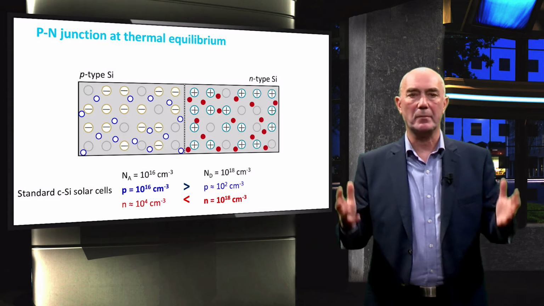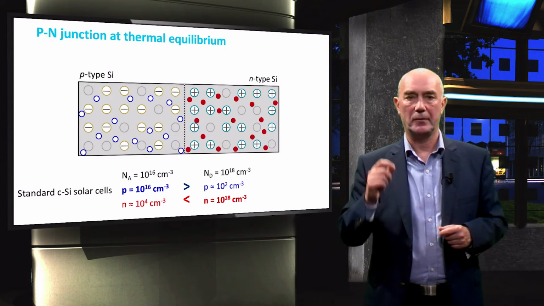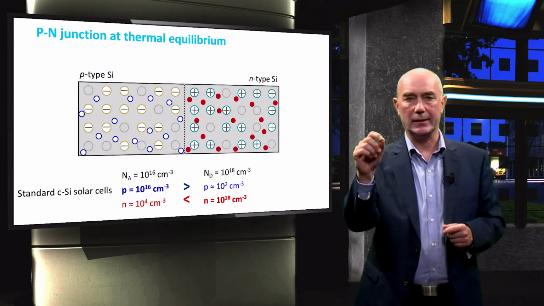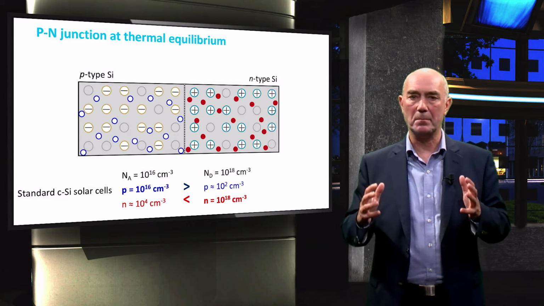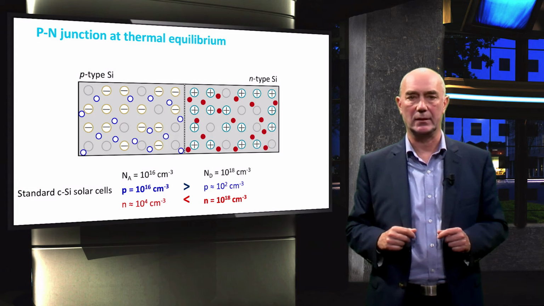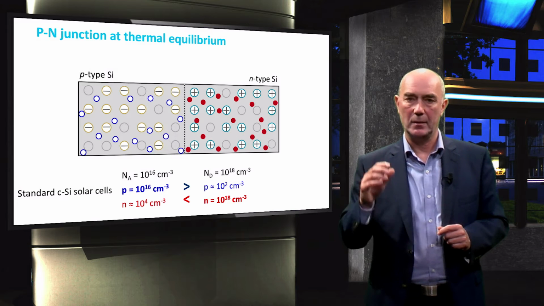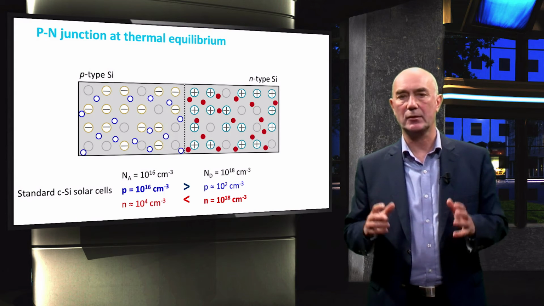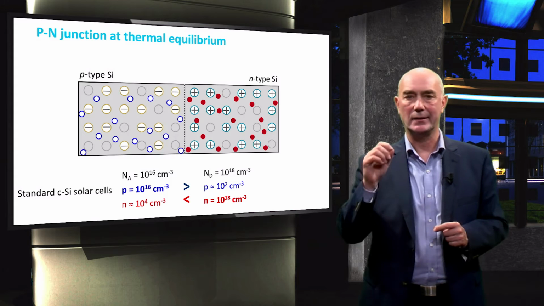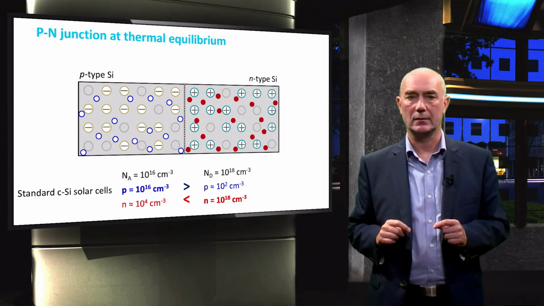To give you some numbers to feel what's going on at the p-n junction, first remember that silicon has 10^22 atoms per cubic centimeter. In a standard crystalline silicon solar cell, p-type silicon has an acceptor concentration of around 10^16 per cubic centimeter.